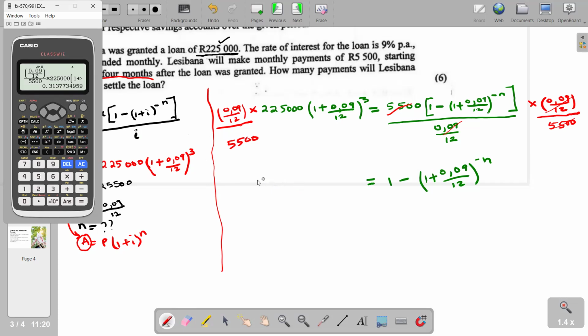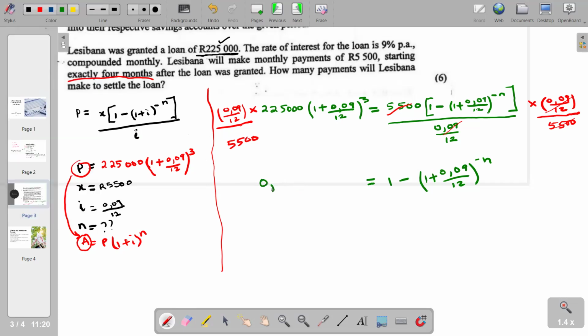So it's 0.3137734959. So this is what we are having, and from there we now want to make n the subject of the formula.